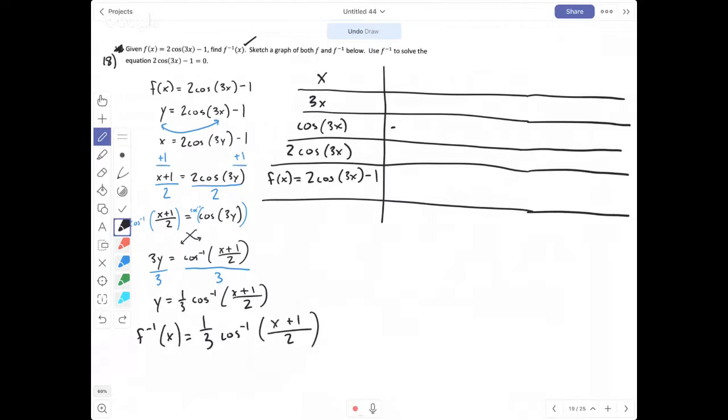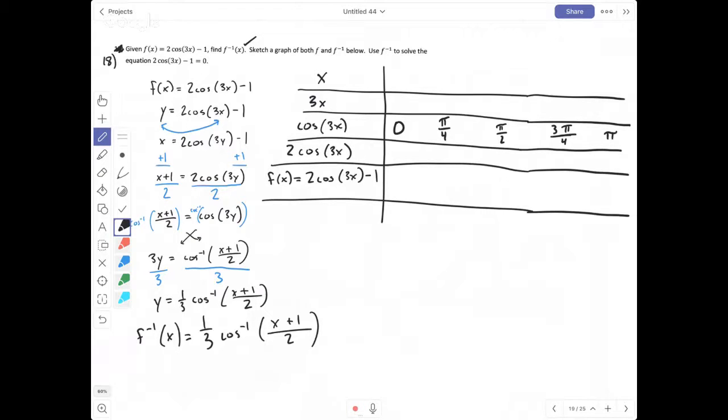Cosine is invertible on 0 to pi. So I'm going to say 0, pi over 2, and over here pi, and here will be pi over 4, and 3 pi over 4.